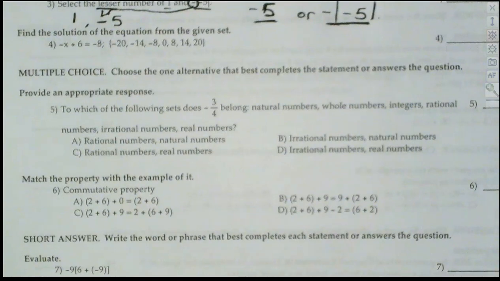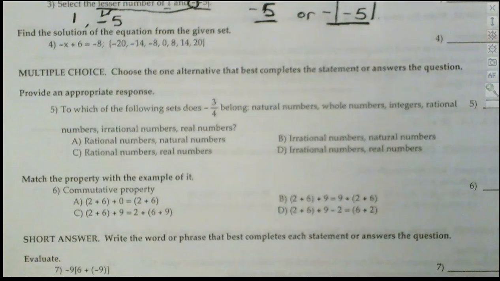What about 5? When we talk about numbers, numbers are more than one type. So when we talk about numbers, first off, everything is always a real number. And we ask ourselves this question.